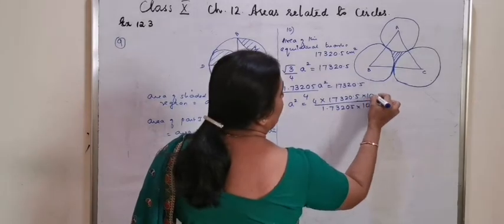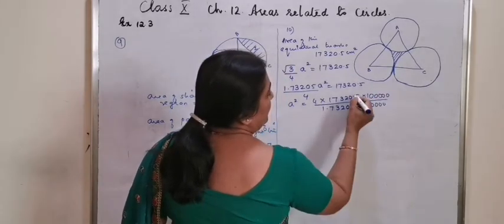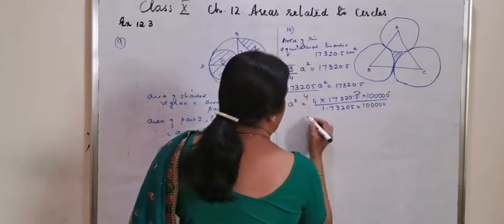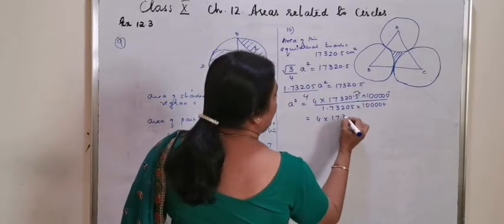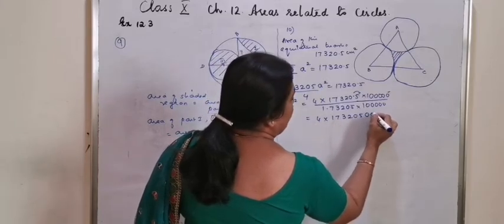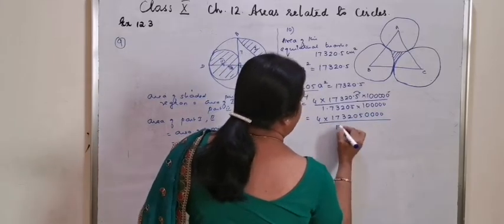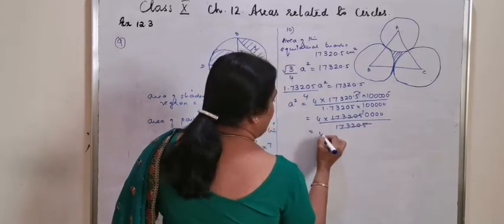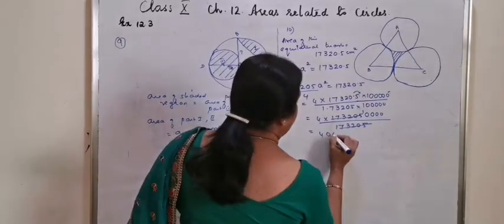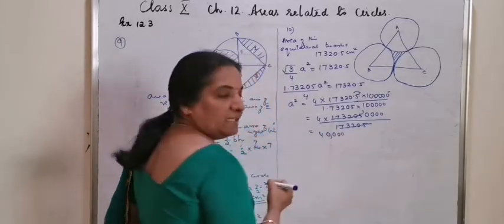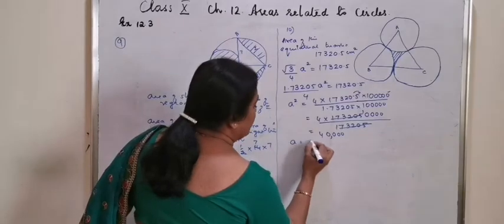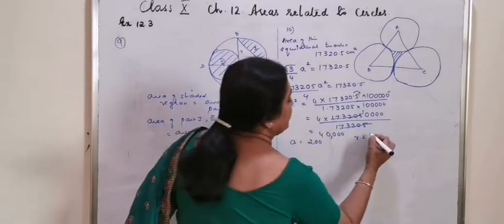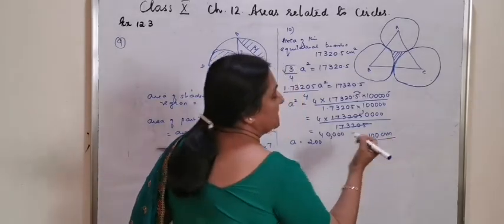So it will be 4 into 10,000 divided by, the decimal place gets shifted, or you can see the value as 40,000, so the value of a is 200. So what will be the radius of the circle? Radius of the circle will be 100 centimeter.